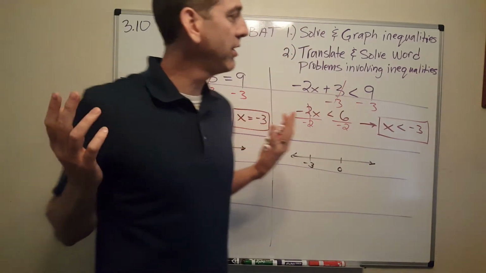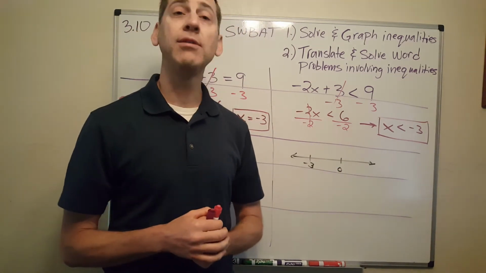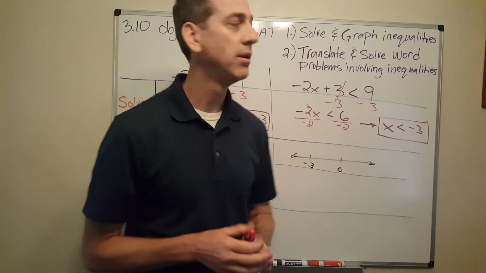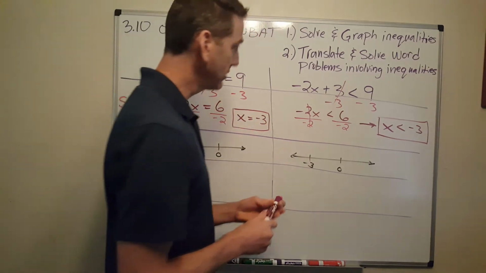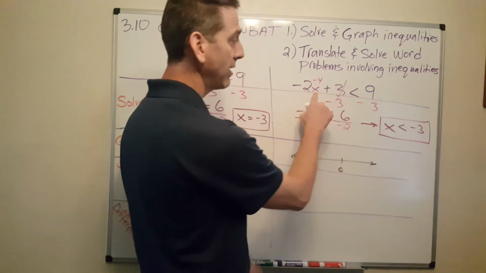Let's choose a number that's less than negative 3. How about negative 4? Let's plug that in, putting negative 4 instead of the x.